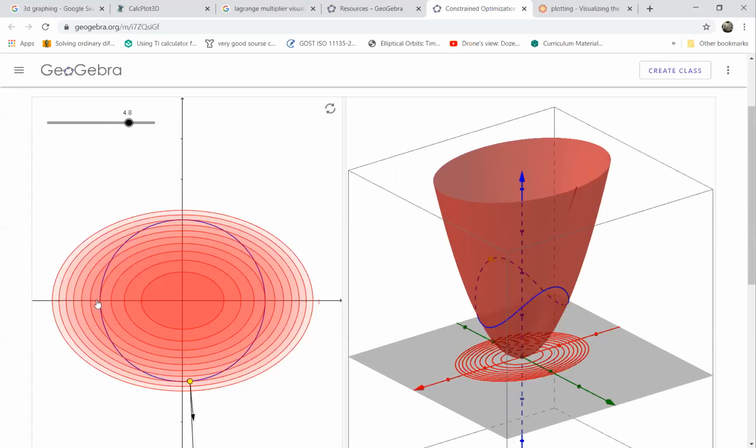We see they are actually parallel to each other. Okay, very well. So just take a look at the movement of the yellow point on both of these two.